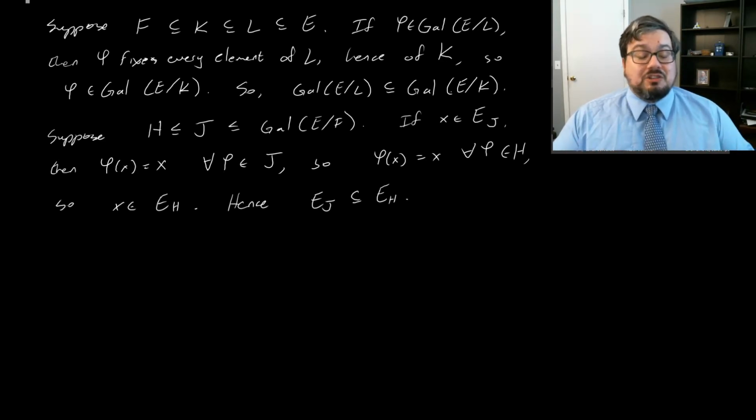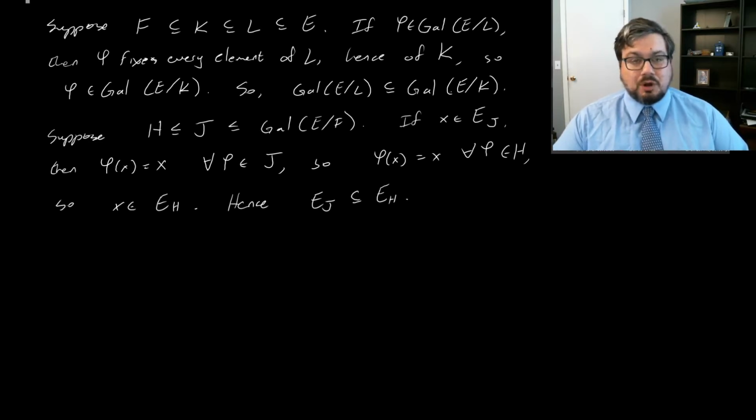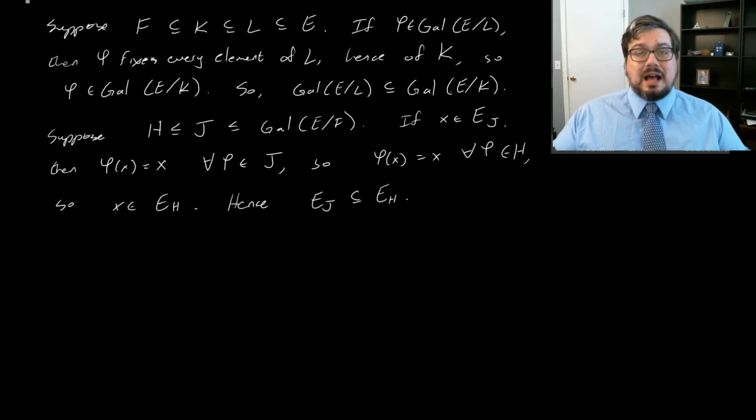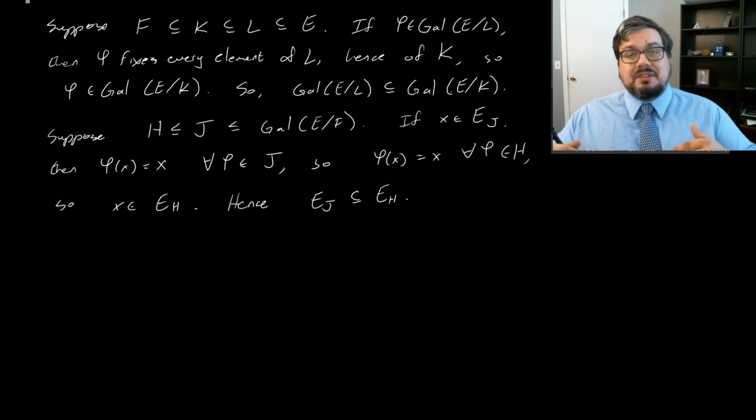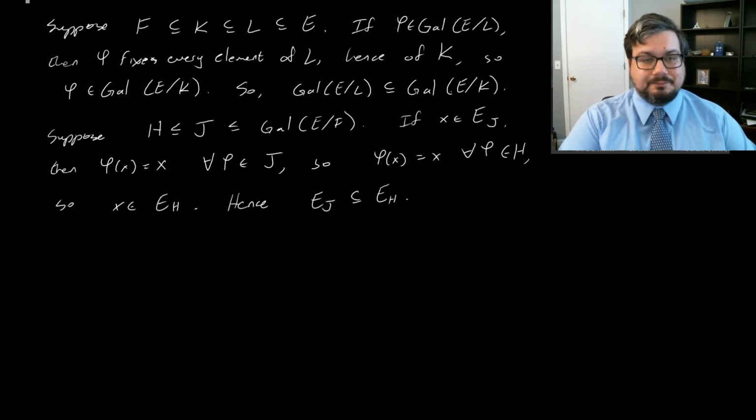All right, so that finishes part 1 of the statement of the proof. Let's move on to part 2, which connects up the indices of the subgroups of the Galois group with the degrees of the extensions of the fixed fields corresponding to them. So let's recall what we're trying to prove in part 2.